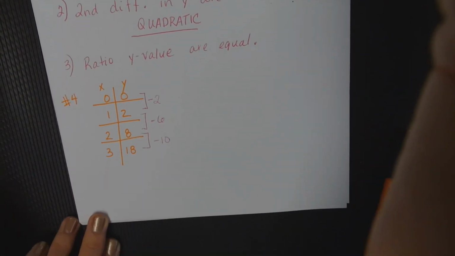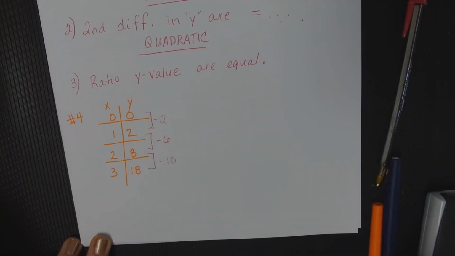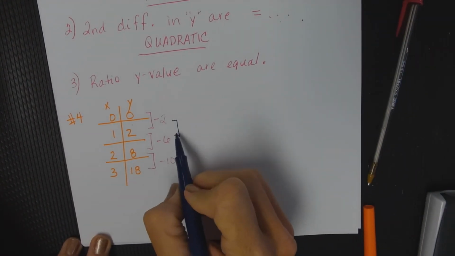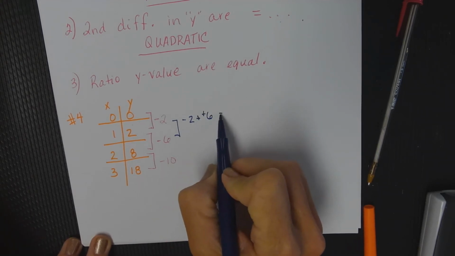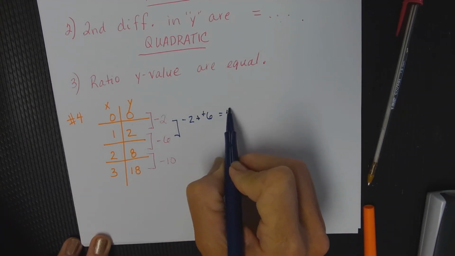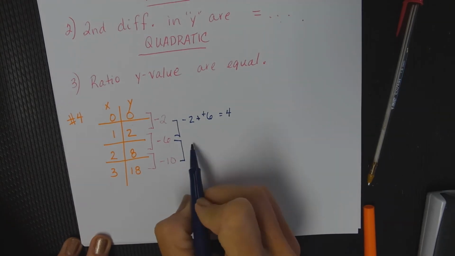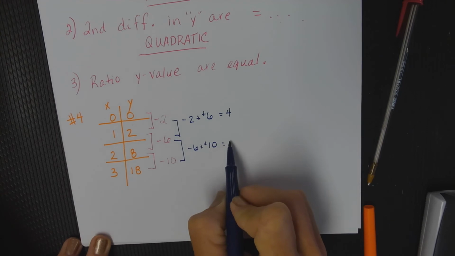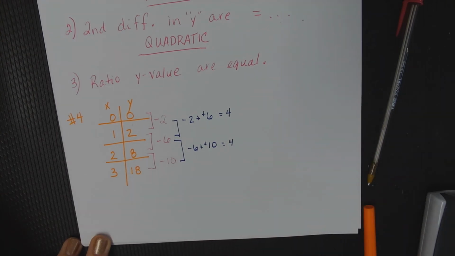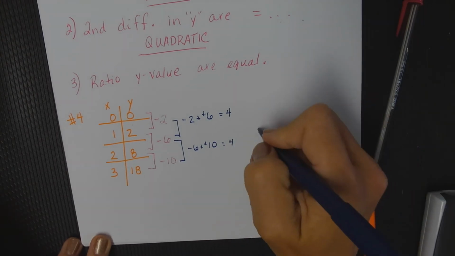Okay, so let's do the second difference. Negative 2 minus negative 6 is what? Positive 4. Let's do the second one. You have negative 6 minus negative 10, and you also get what? 4. So this is not linear. This is what? Quadratic. Okay?